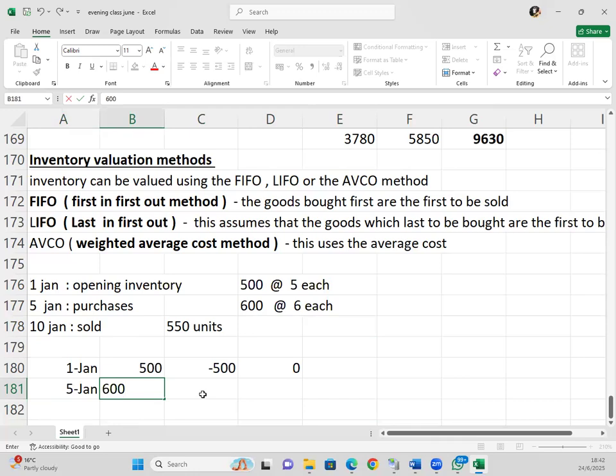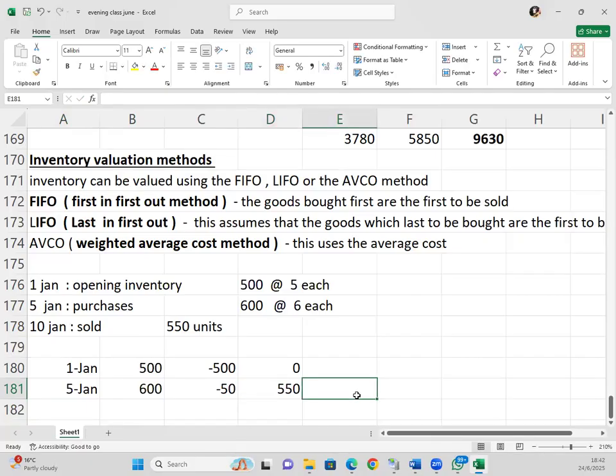But since you sold 550, you first of all cleared the 500, the first batch. Then to make them 550, it means you took only 50 from this batch. So it means now you have 550 units of $6 each.